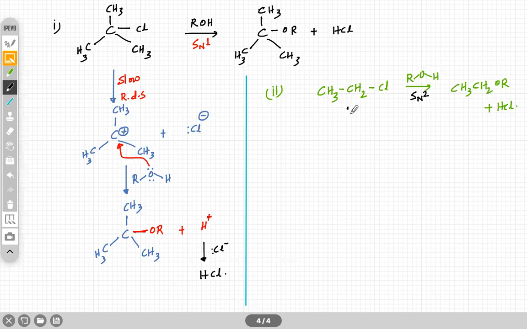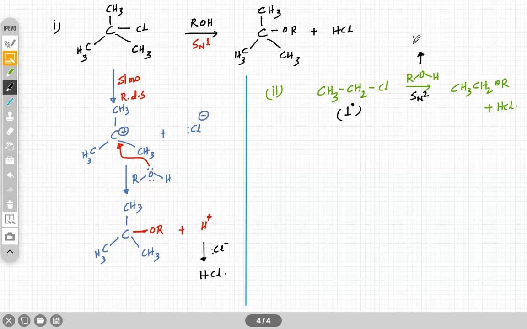Why? Because it is 1 degree alkyl halide, primary, right? Preferably for 1 degree alkyl halide, we take a strong nucleophile. Sn1 reaction is very difficult to proceed here. What we preferred here is a stronger nucleophile, stronger base.